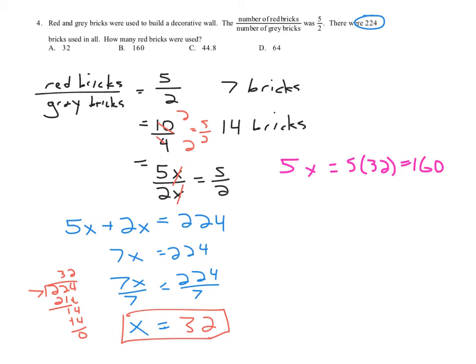But let's just do something to check. Let's say, okay, then there were 2x gray bricks, or 2 times 32. That means that there were 64 gray bricks, supposedly. So then let's check and see, does that actually add up to the 224 bricks? 160 plus 64.